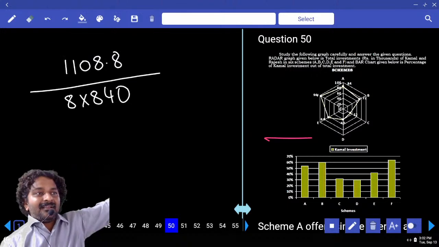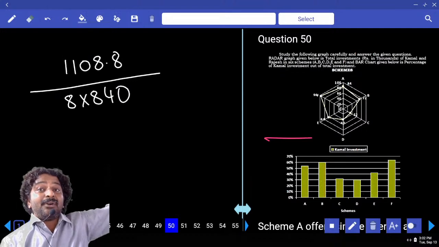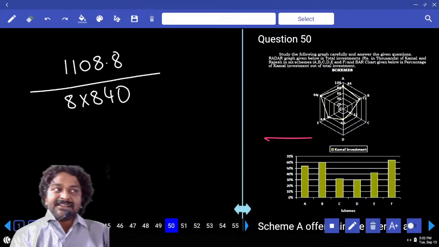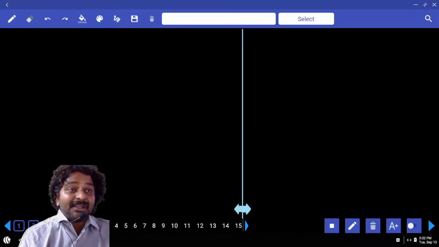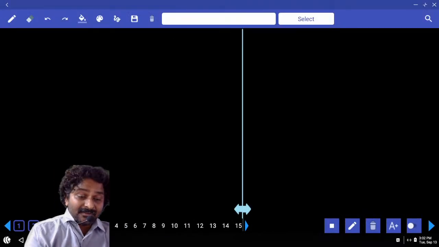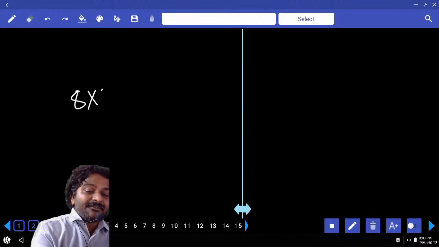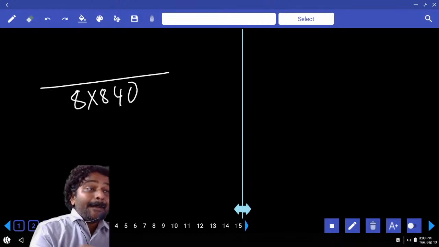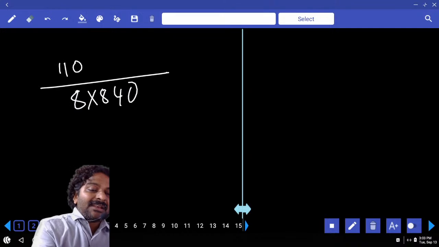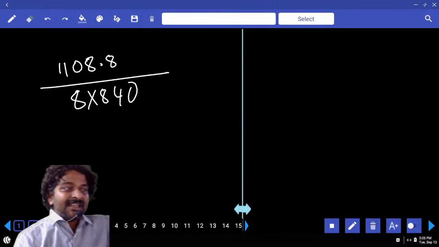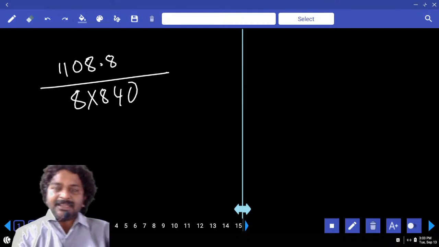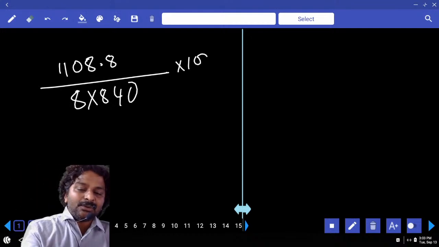Numerator: 1108.8 is the difference in simple interest. And in the denominator, what is that? 8 times of 840, the difference in principal. 1108.8 is the difference in simple interest calculated on the difference of principals only. Percentage into 100.